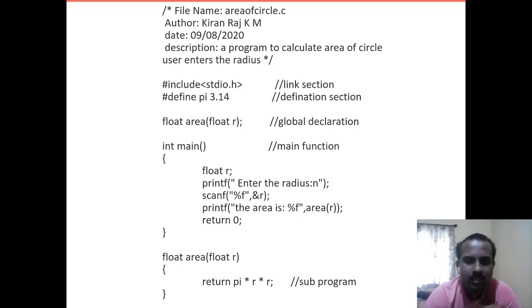But if you see the documentation part, I can easily come to know, okay, this program is for the area of the circle. Who is the author? Kiran Raj. When was it done? On the 8th. What is the description? It is used to calculate the area of the circle by using the radius.